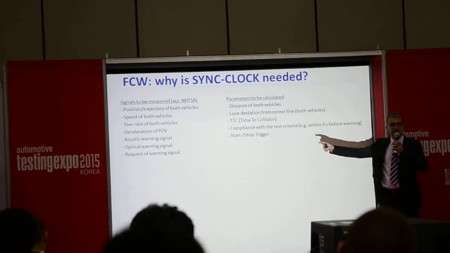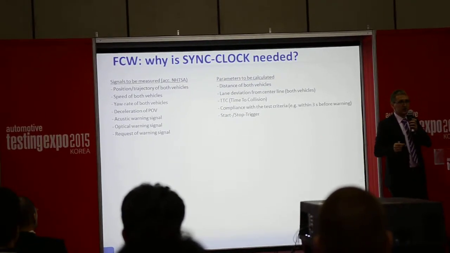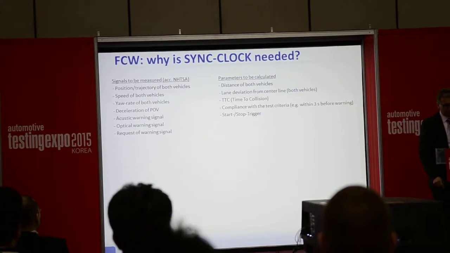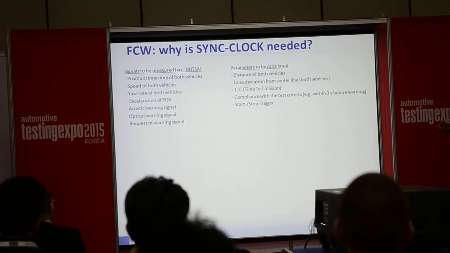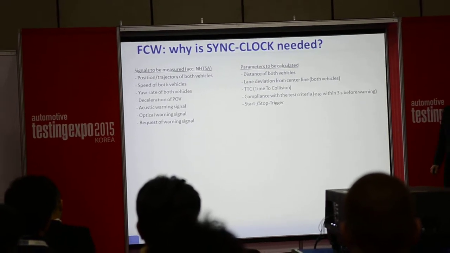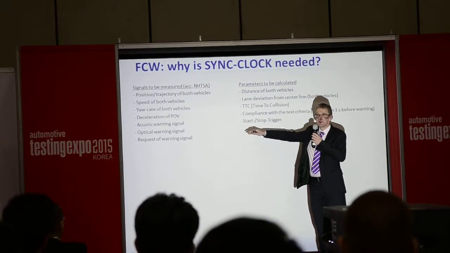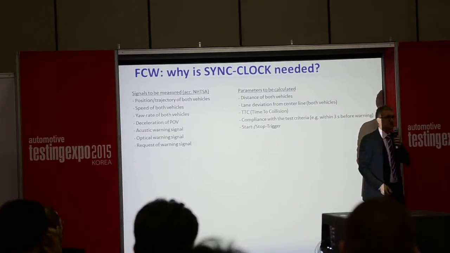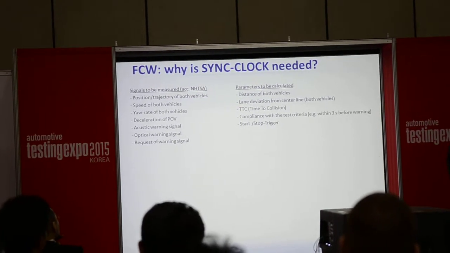For example, in the subject vehicle, the speed needs to be constant for at least 3 seconds before the POV starts braking. And then we also have start and stop trigger criteria. For example, start the test when the distance is 150 meters and stop the test when the FCW is activated.